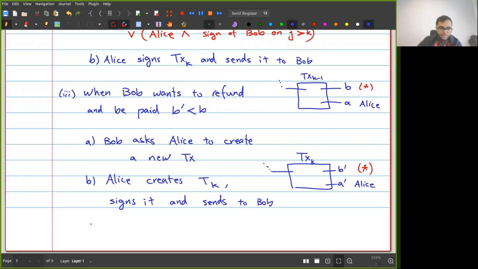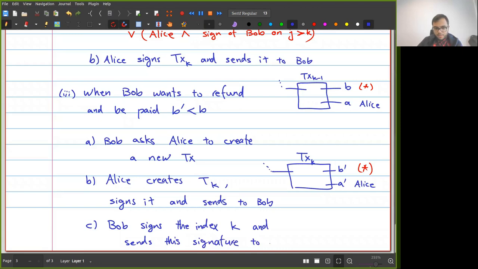Right, so we have a last step, and the last step is that Bob signs the index K and sends this signature to Alice. Now, why is this so important?